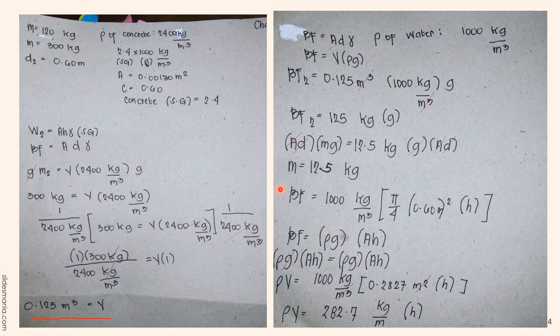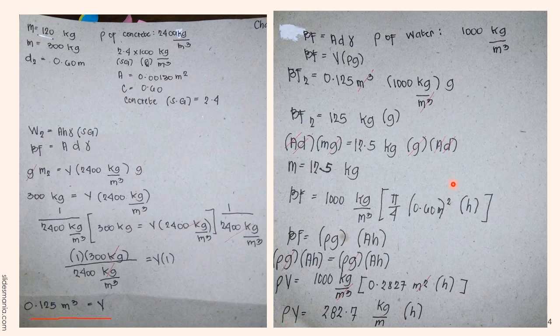After this, we can solve buoyant force 1 of 1,000 kg per cubic meter times the area and height. So buoyant force is equal to rho g times area times height. Solving it with both sides, what is left is rho times the volume, 1,000 kg per cubic meter times 0.2827 square meters times height.